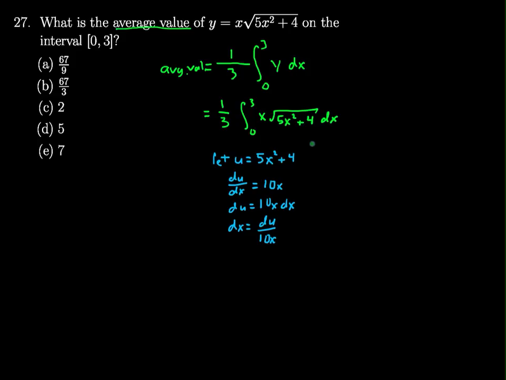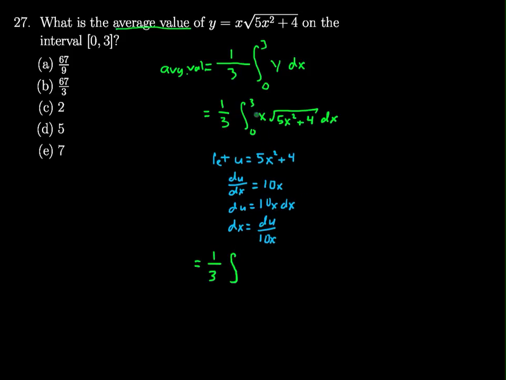So we know that this is equal to 1/3 multiplied by the integral. And there are two options here. I'll show you probably the more rigorous, the more valid option.